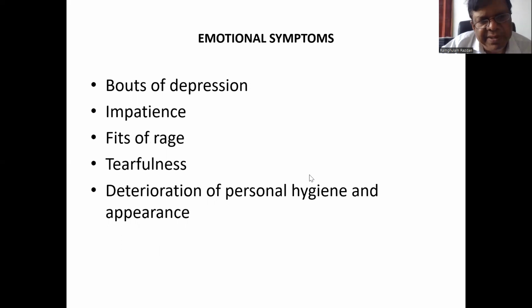Sometimes they become irritable, feel discomfort, and have anxiety. Then a deterioration of personal hygiene and appearance occurs with continuous anxiety and depression.